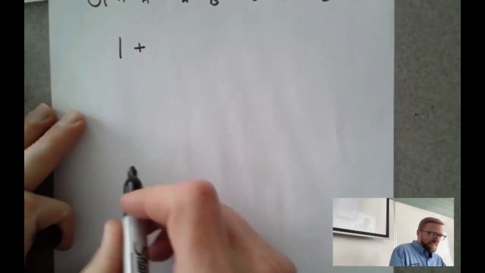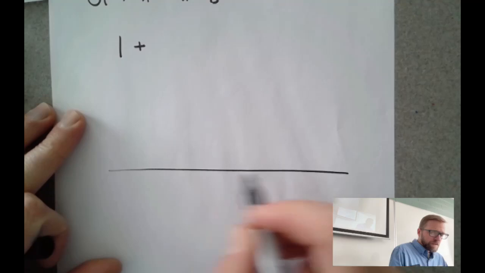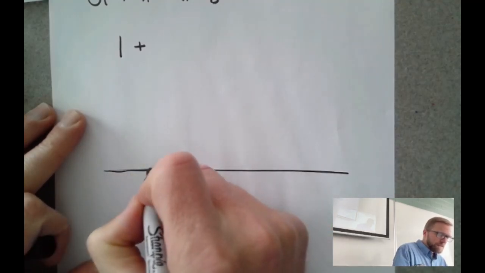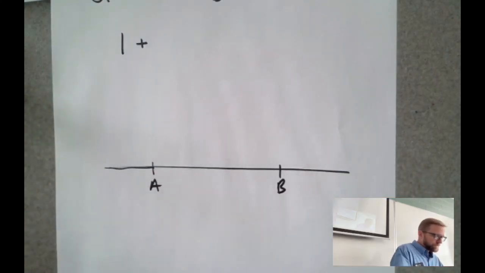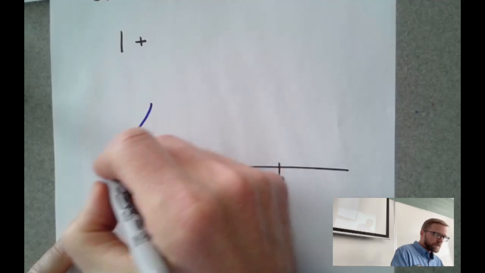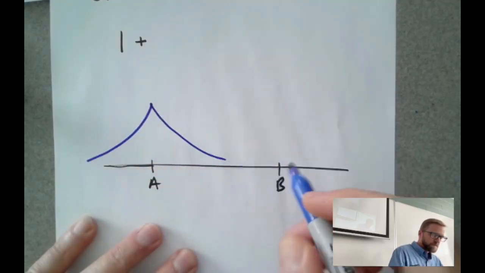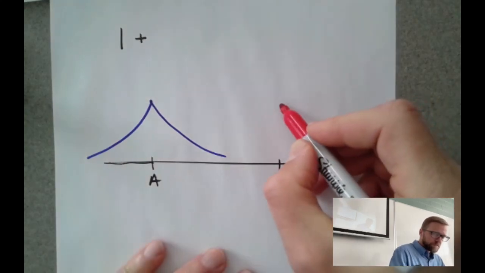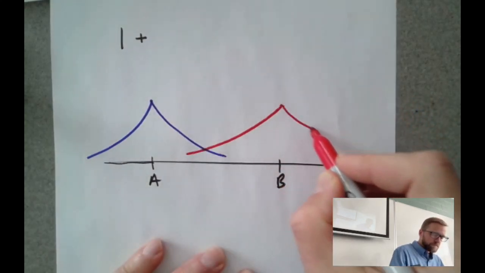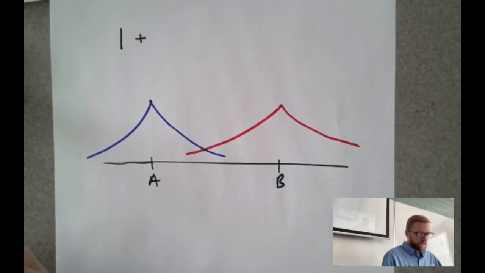Here, let me sketch out these wave functions. This is A, this is B. We're just sketching out what this looks like. This one looks like that, and this one looks like that.